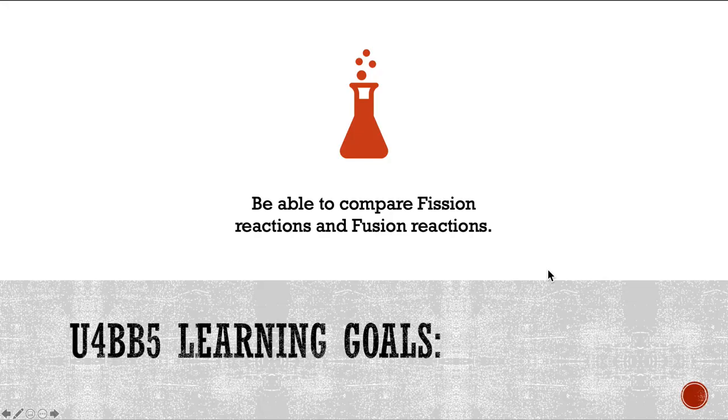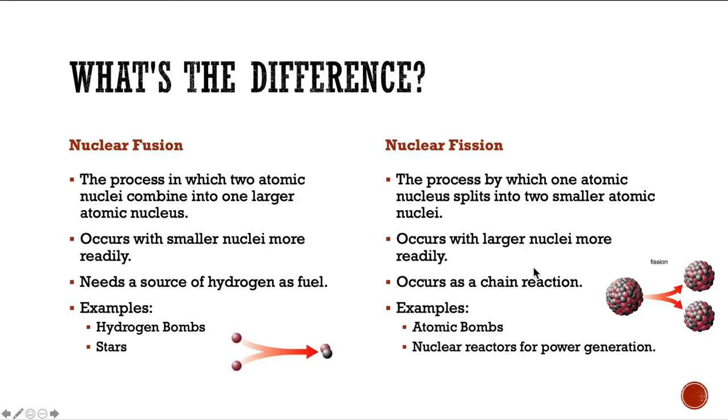Your learning goals for building block 5 are to be able to compare fission reactions and fusion reactions, and these are a type of nuclear reaction. So nuclear fusion is a process in which two small atomic nuclei come together and combine to form one larger atomic nucleus.